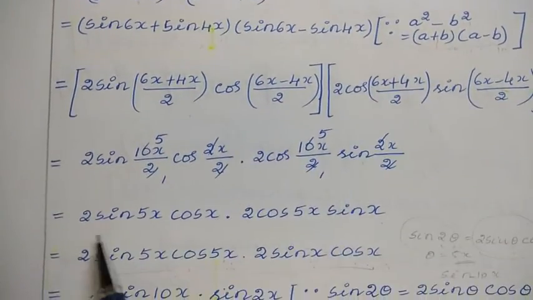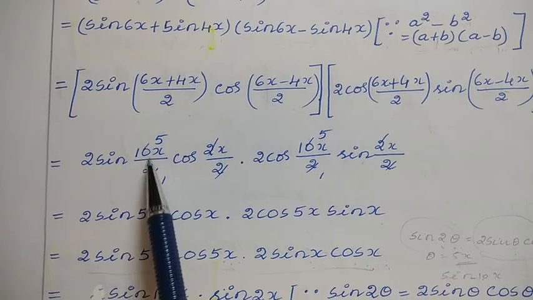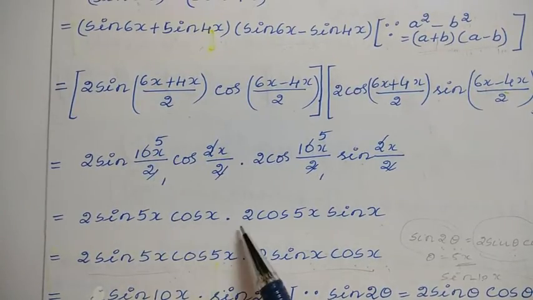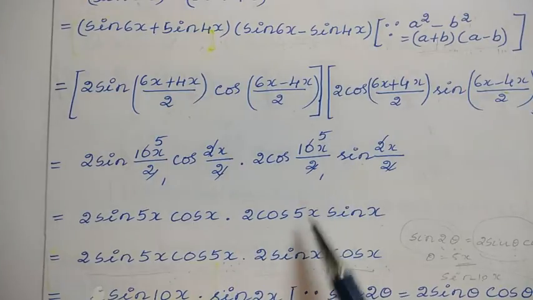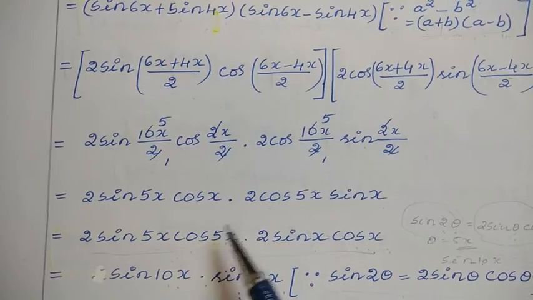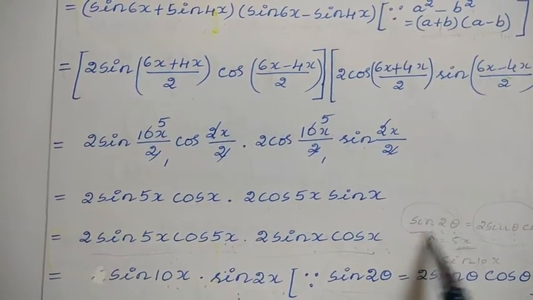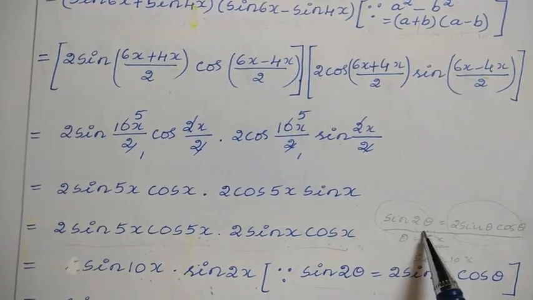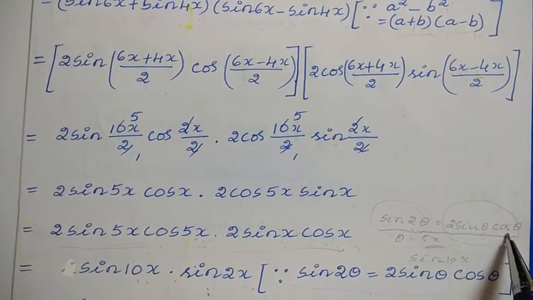Now cancel the values. The 2s and the 5s give sine 5x into cos x, then into 2 cos 5x into sine x. Now this one you can write in terms of a formula. We have the formula sine 2 theta is equal to 2 sine theta into cos theta.